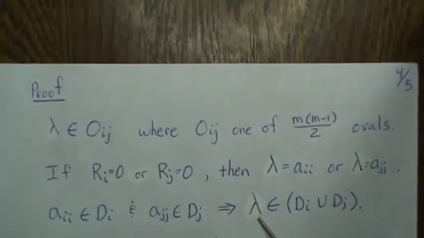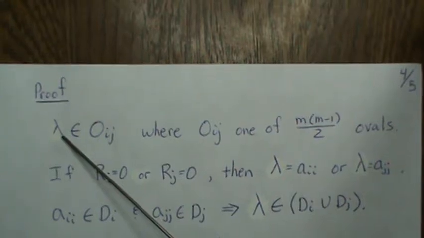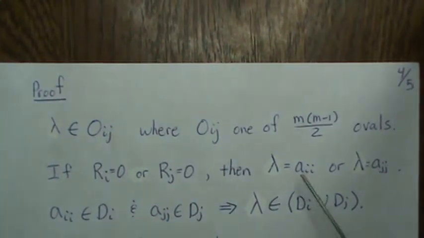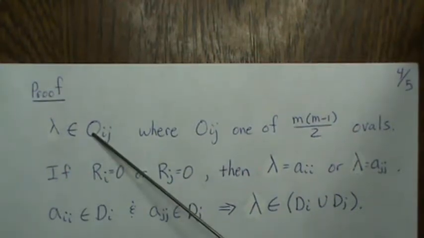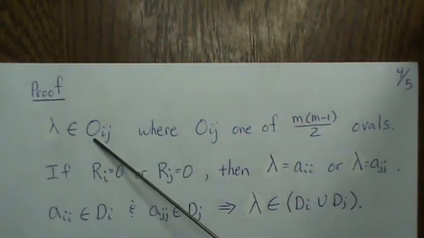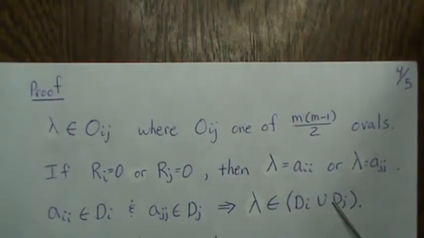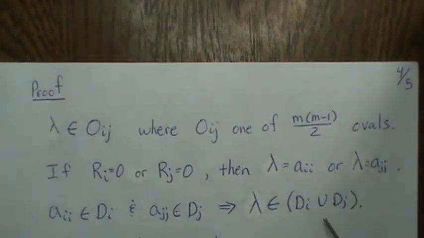So that says that the eigenvalue is an element of this union. So if it's an element of a Brauer's oval, it implies that it has to be in the Gershgorin disc.